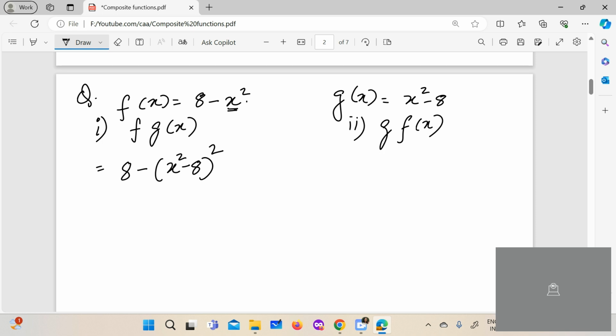Now further we can simplify this. 8 minus, expand this, x to the power of 4 minus 16x squared plus 64.